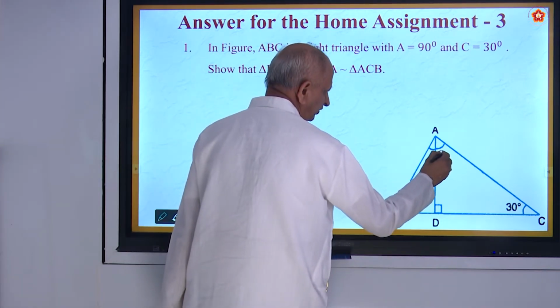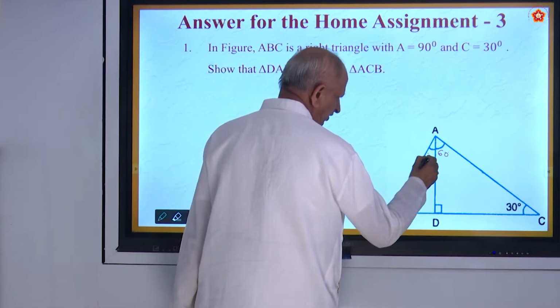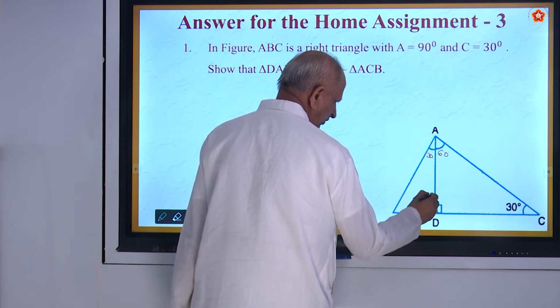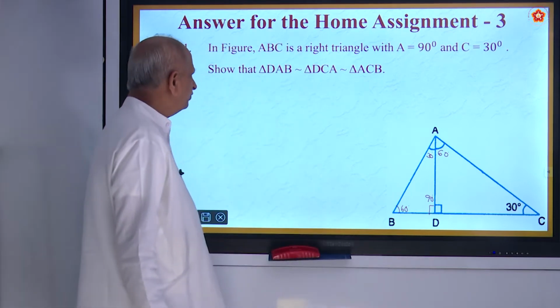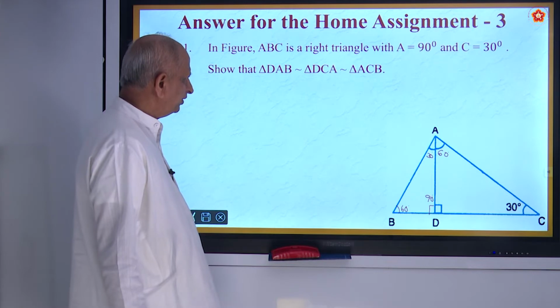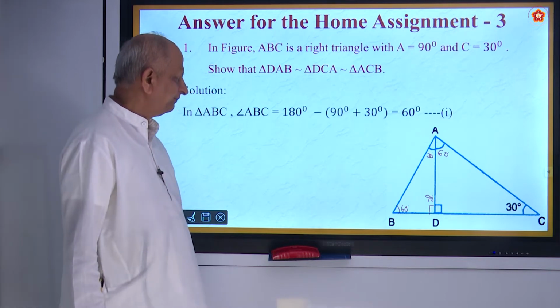This will be equal to 60, is it not? And then naturally this will be 30, this will be 90, this will be 60. So you are asked to prove that triangle DAB is similar to triangle DCA is similar to triangle ACB.